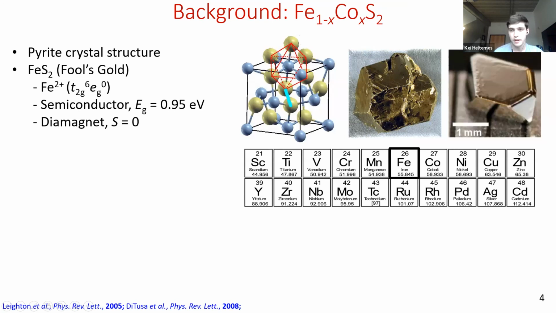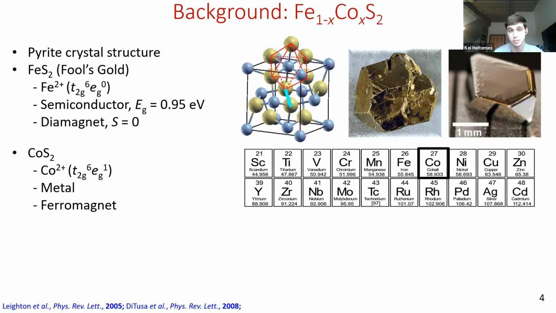Now, if we look one atom over in the periodic table to cobalt, we see that cobalt can form a material known as cobalt disulfide, and it takes on the same pyrite structure as we'd expect for iron disulfide. And it also takes on a 2+ oxidation state. However, because of the addition of an extra electron here, cobalt disulfide actually has a fully filled t2g band with a partially filled eg band, causing it to become a ferromagnetic metal.